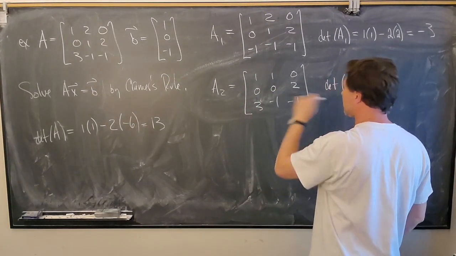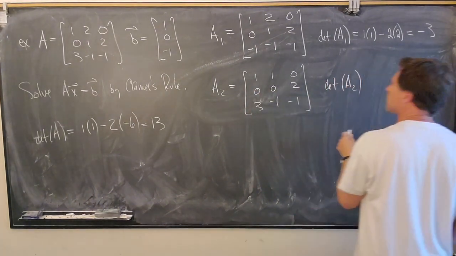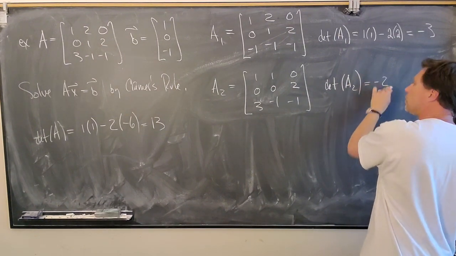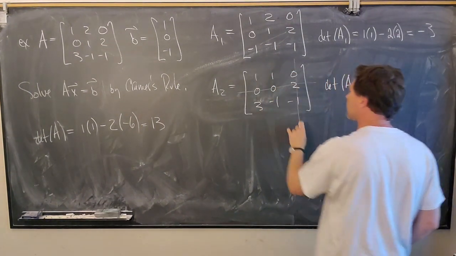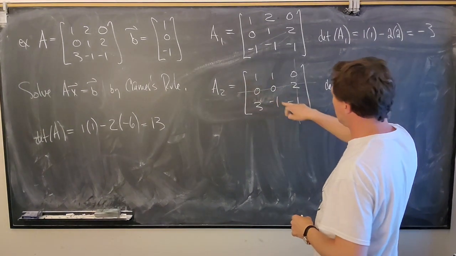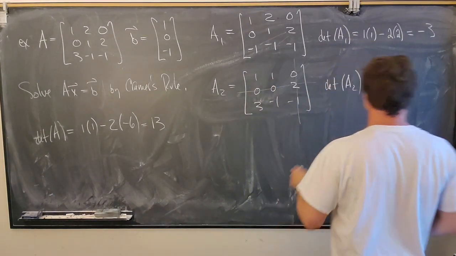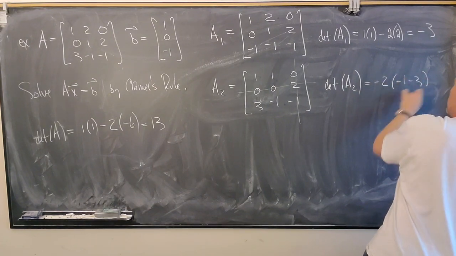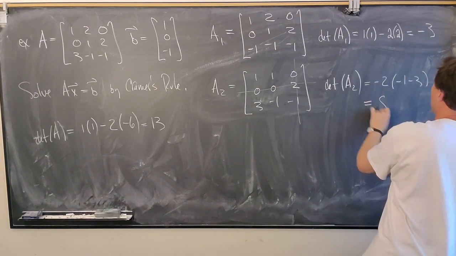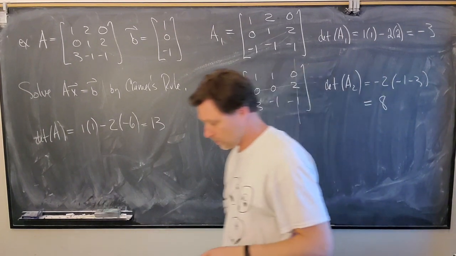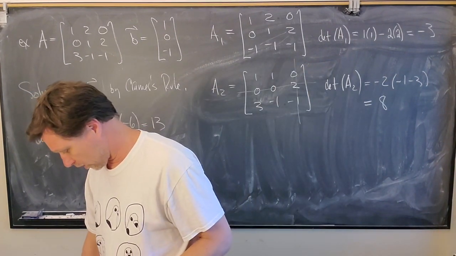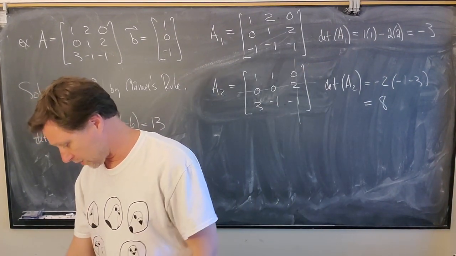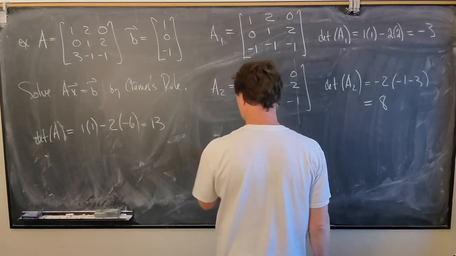So let's see, this is the 2/3 entry, so this will be negative 2 times negative 1 minus 3, so negative 2 times negative 1 minus 3, that looks like positive 8. Did I get that one right? I'm just going to check my answer here. Yep, positive 8.